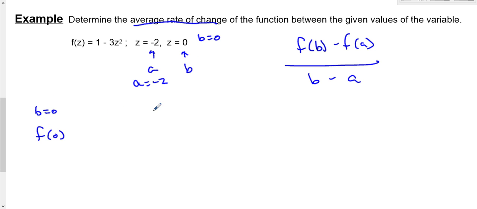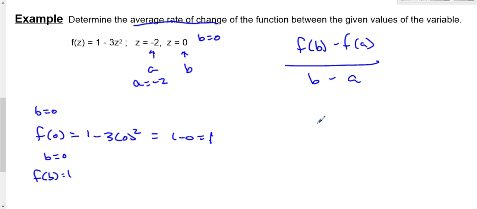so f of b, is 1 minus 3 times 0 squared. Well, 0 squared is 0, times 3 is 0, 1 minus 0 equals 1. So b is 0, f of b was 1, right? So we took b, plugged it in, and got it.